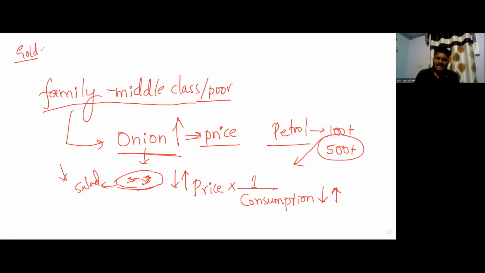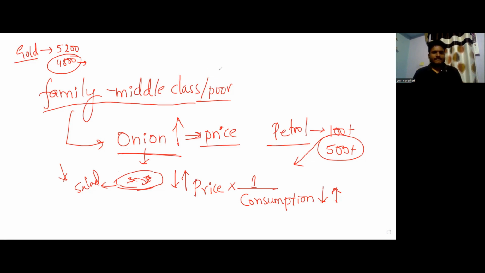Yes or no? Now the gold rate is, let us say, in the range of 5,200 for 1 gram. If it suddenly drops to 4,800 tomorrow, then the number of people who are buying gold will increase, or the number of grams each person is buying will also increase because the price has dropped. Getting this? So there is an inverse relation. Price is inversely proportional to consumption.